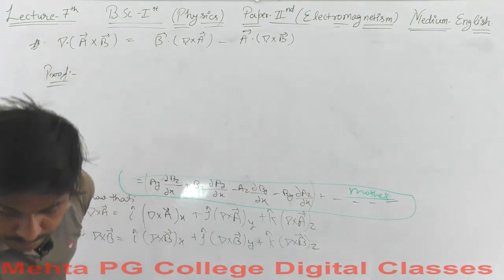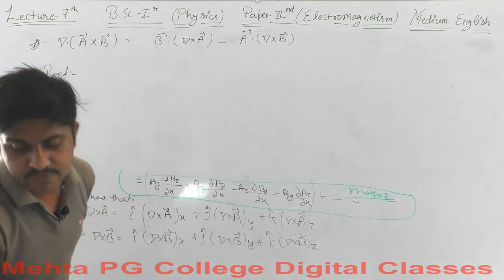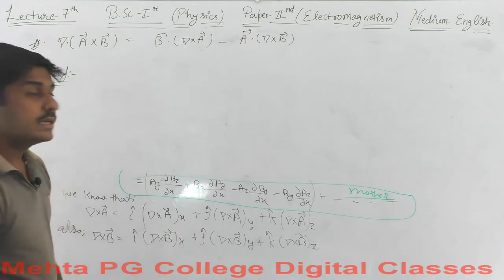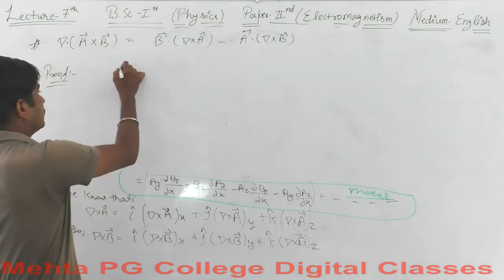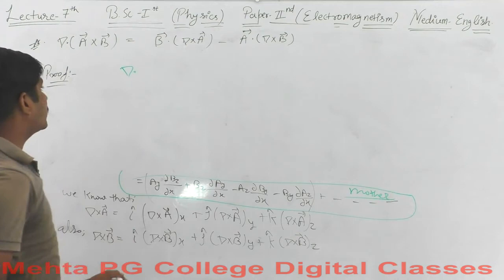So what do all these equations end up saying when we have del dot A cross B?